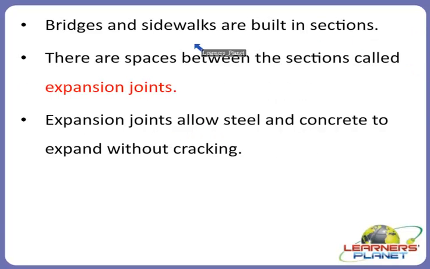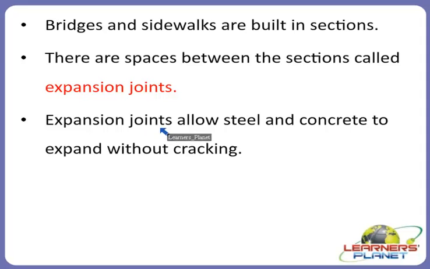Even the bridges and sidewalks are built in sections, and there are spaces between the sections called expansion joints. Like we discussed in railway tracks, they consist of two parallel metal rails joined together, with expansion gaps. In the same way, in bridges and sidewalks, there are expansion joints.